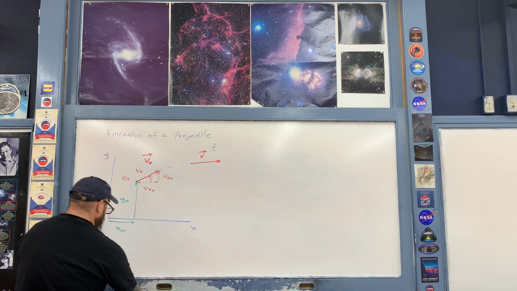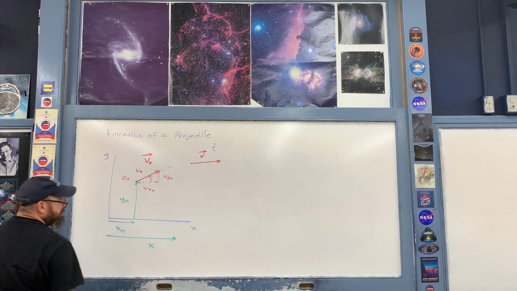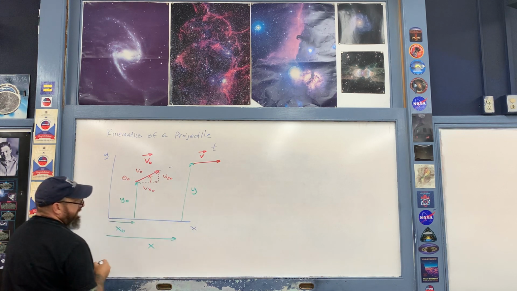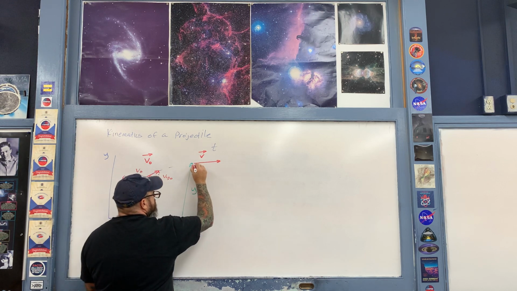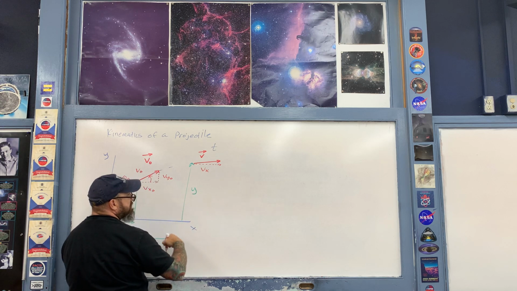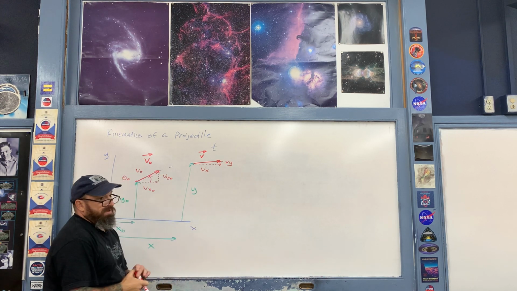So right here is the final position horizontally. That's labeled as x. And then right here is the final position vertically. That's labeled as y. Okay, and then we have the velocity components here. Right here is the component of the velocity horizontally, v sub x. Right here is the component of the velocity vertically, v sub y.